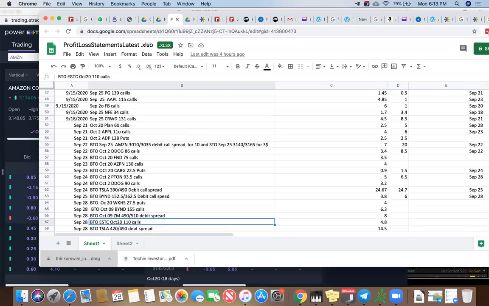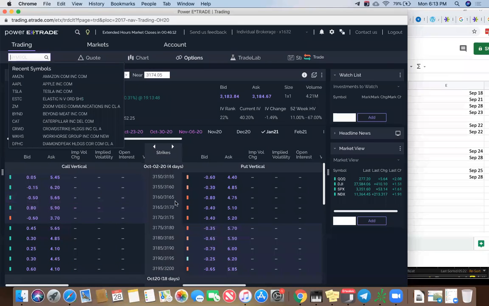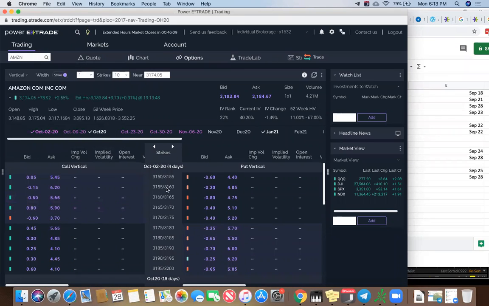Okay, bought September 3,010 to 3,035 debit call spread for $10, and 3,140 to 3,165, right? That's what we did. So we did a debit call spread. Now you know, guys, how to play the debit call spread, right?